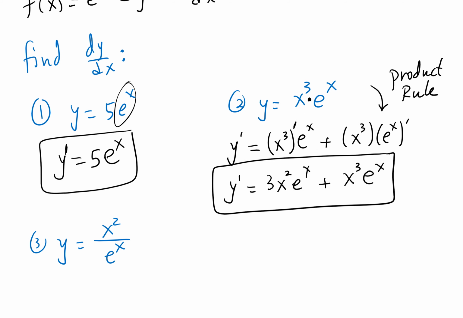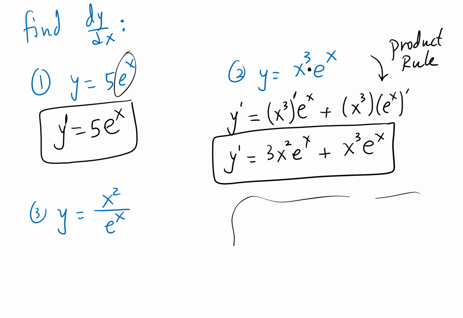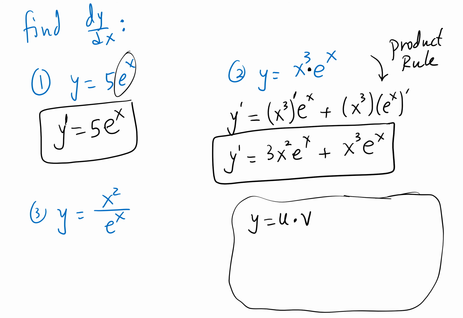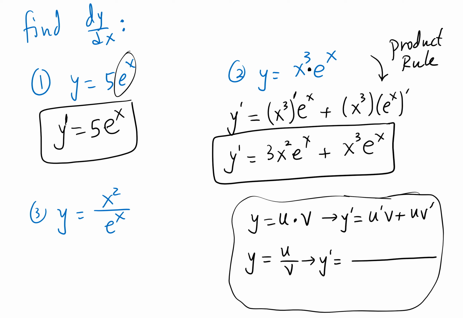Okay, so I'm going to recall here on the side, just so you remember if you forgot, the product rule says if you have u times v, then y prime is u prime v plus u v prime. That's called product rule. And for the next one, the quotient rule, if you have u over v, y prime is v u prime minus v prime u over v squared.